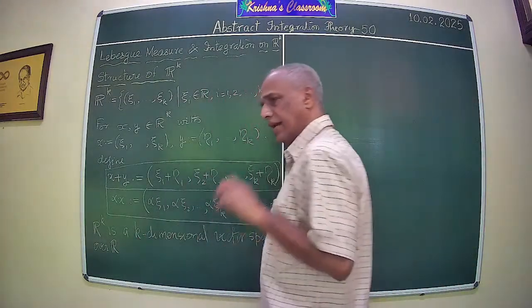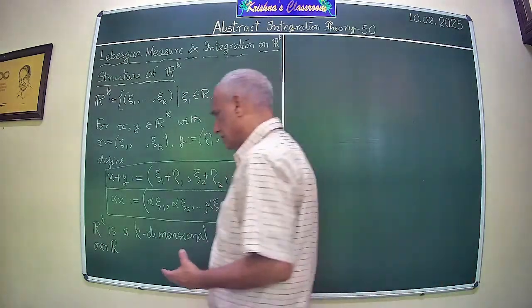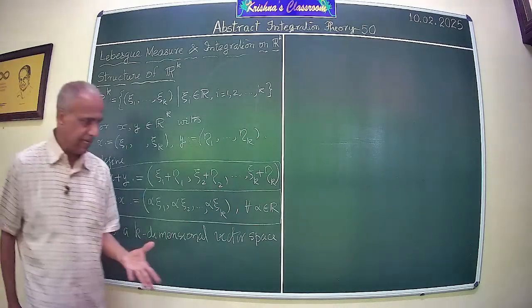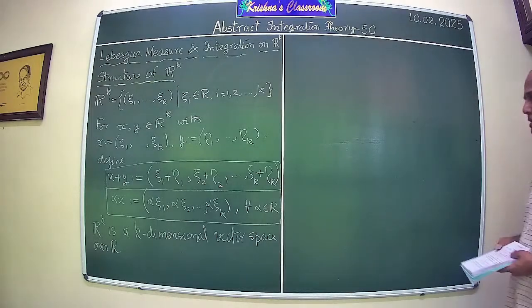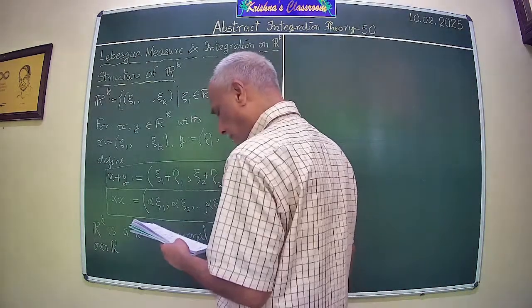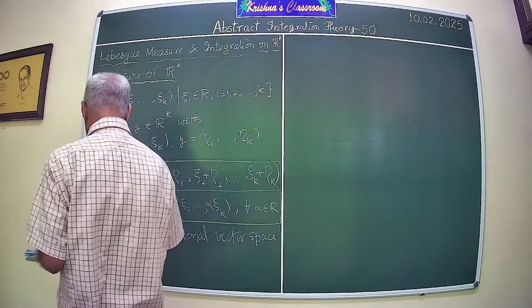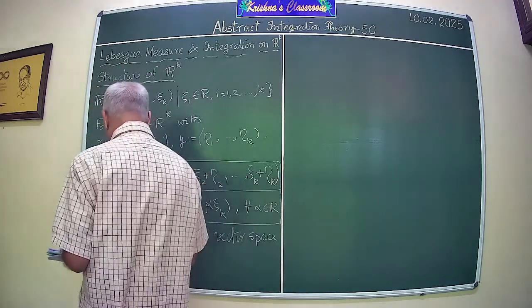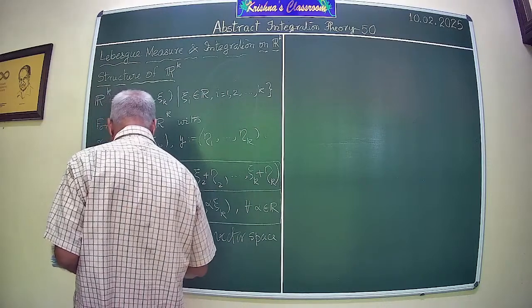That means carefully chosen k vectors which are linearly independent in R^k would generate the whole of R^k through addition and scalar multiplication. Since R is the associated field, we also call this a real vector space.